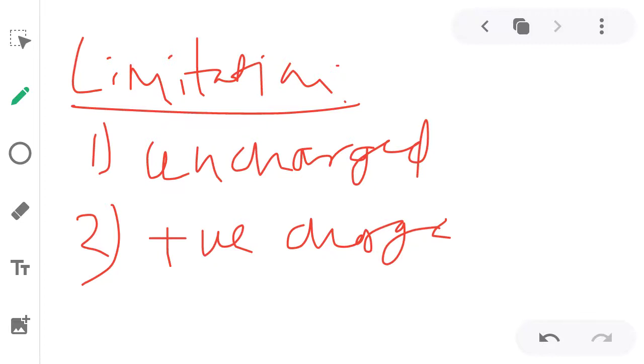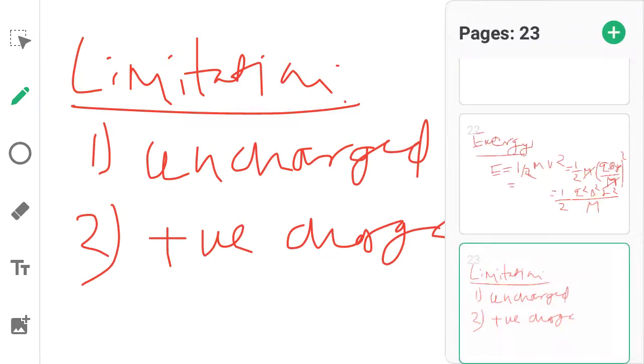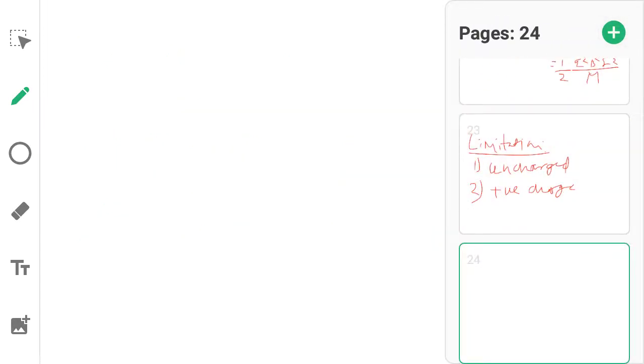Let me finish today's topic with the term we use when a charged particle is moving under a magnetic field.